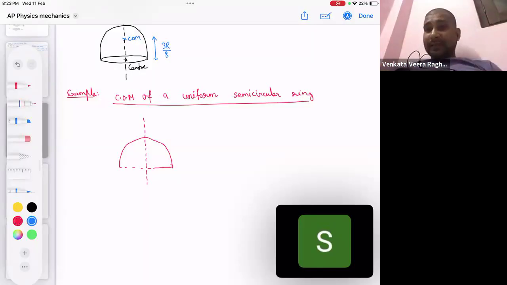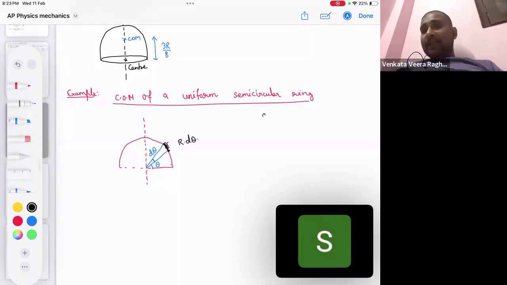Linear mass density will come. So in that case, what kind of element should we choose? At an angle theta, we should consider a small element of d theta. Can you tell me what the length of this part will be? This is a small, simple linear length. Can I say that it is going to be r into d theta?